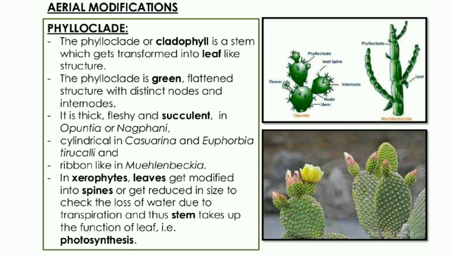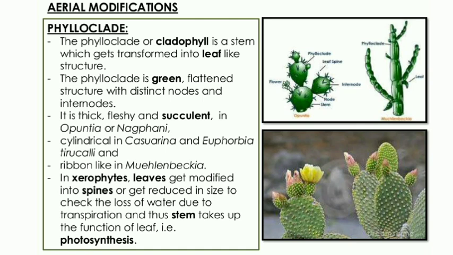Here, in xerophytes, leaves get modified into spines or get reduced in size to check the loss of water due to transpiration. Hope you remember, the xerophytic plants get very little water. So to save the water, the plants have to reduce or avoid transpiration.